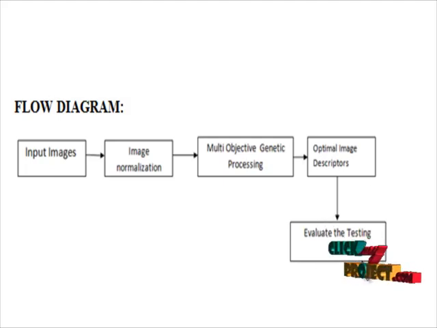Then we evaluate the testing data, which is used as the classification performance. The optimal image descriptors are used for the relevant images, and multi-objective genetic processing is the feature extraction process for our input image, and the secondary image is for the classification process of primary feature extraction.